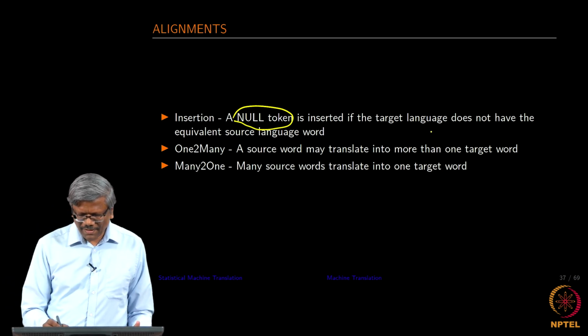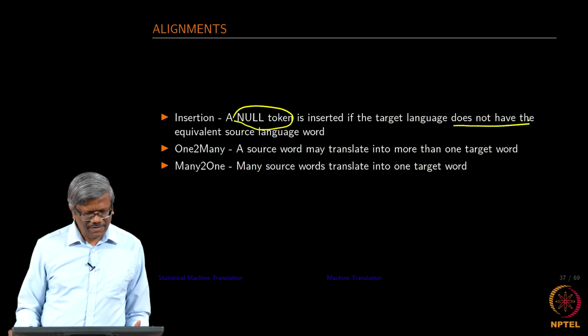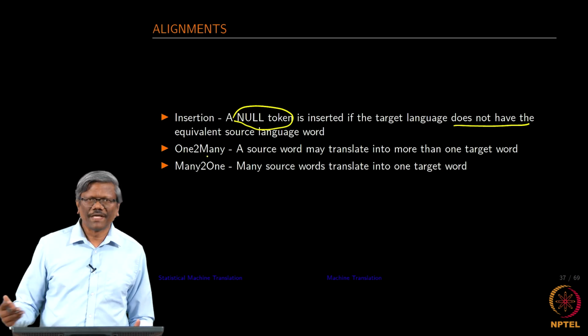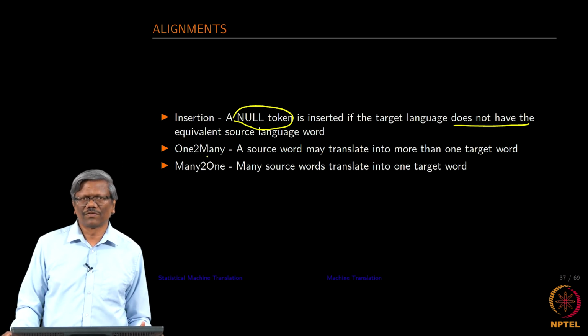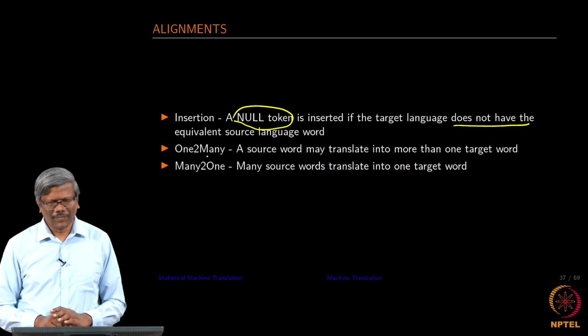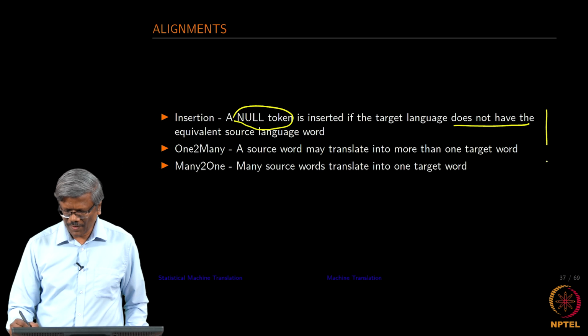So, this is inserted if the target language does not have the equivalent source language word. And there could be one to many, as we have seen, and also many to one alignments in the alignment set that you will create.